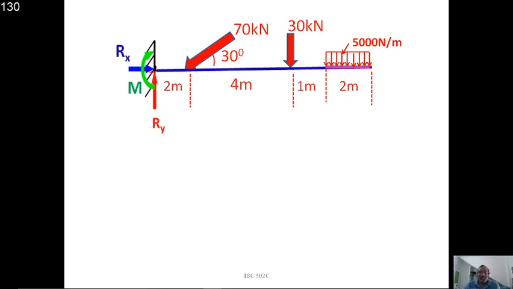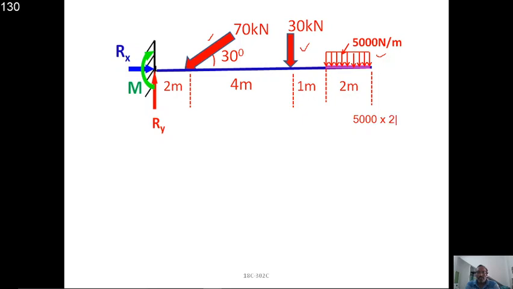In this particular problem there is an inclined load, a vertical point load, and a UDL. We also discussed the UDL. A UDL can be converted into a point load by multiplying its magnitude with its occupied length.